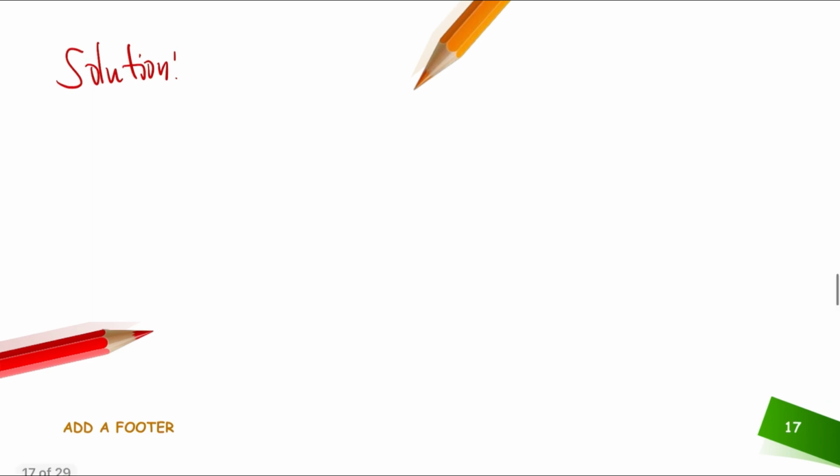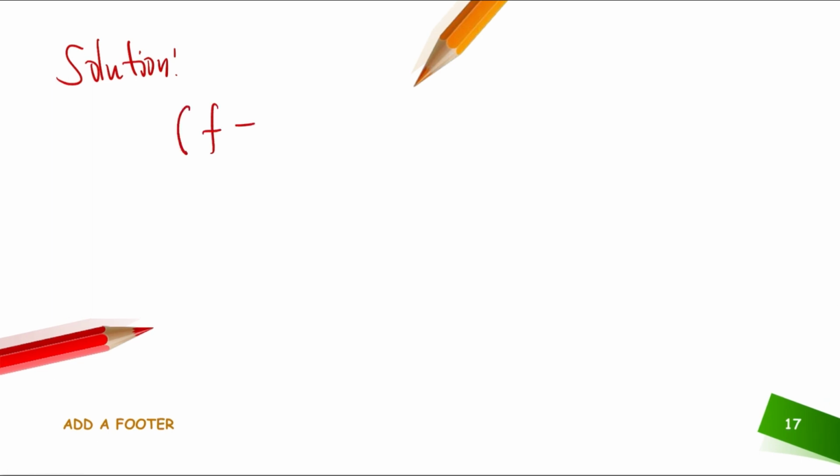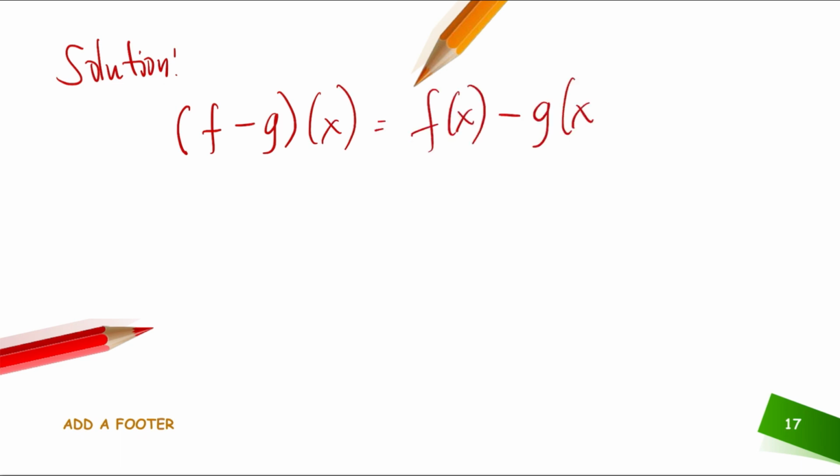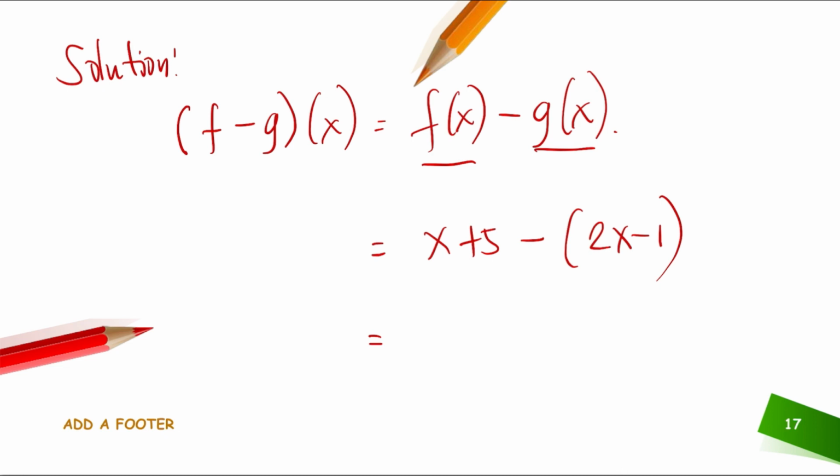For our solution, f minus g of x is equal to f of x minus g of x by definition number 2. So let us replace f of x equal to x plus 5 minus g of x equal to 2x minus 1. Now let's simplify. Take note that we are using the operation subtraction.